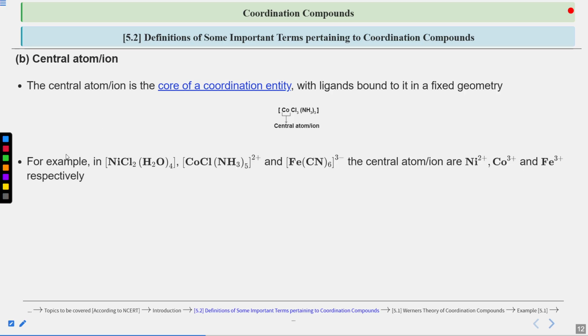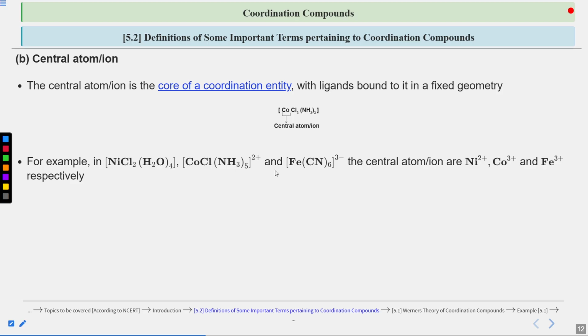Now let's take some examples. For example, in this complex, [NiCl2(H2O)4], [CoCl(NH3)5]2+, and another complex [Fe(CN)6]3-.